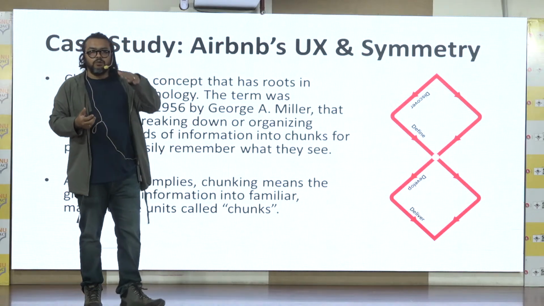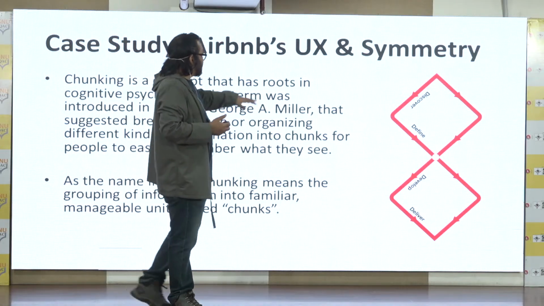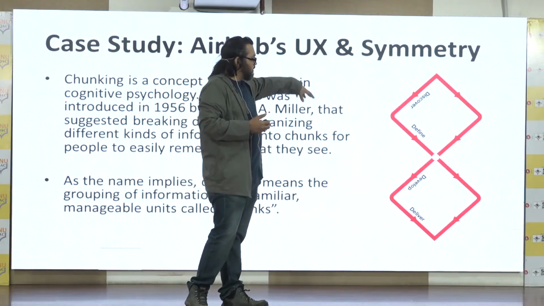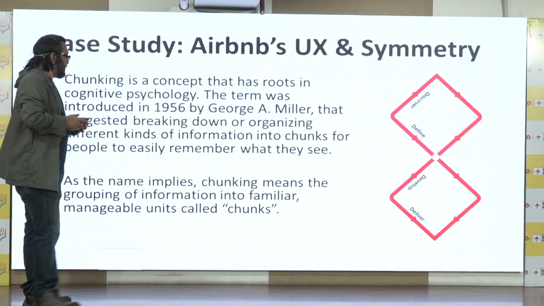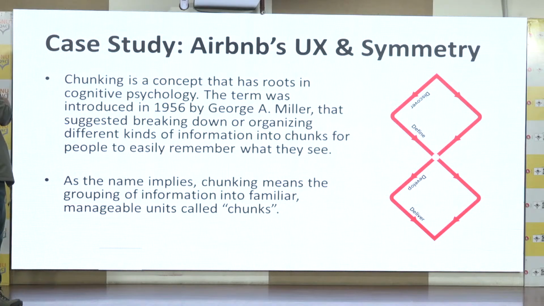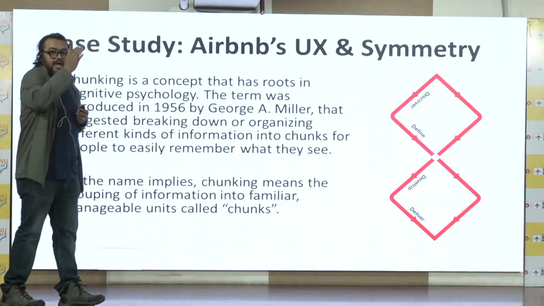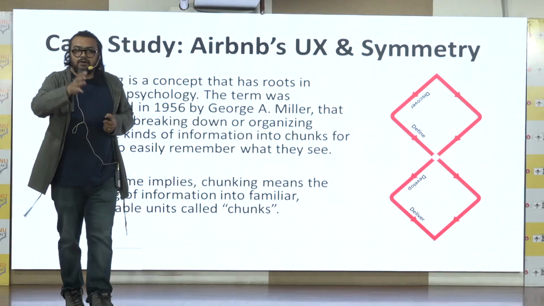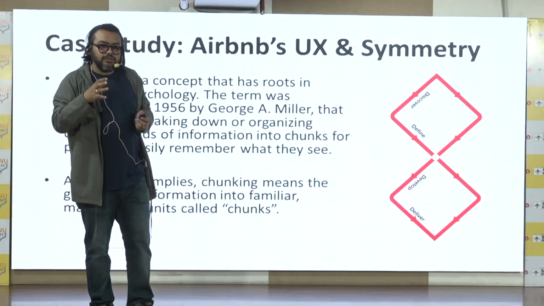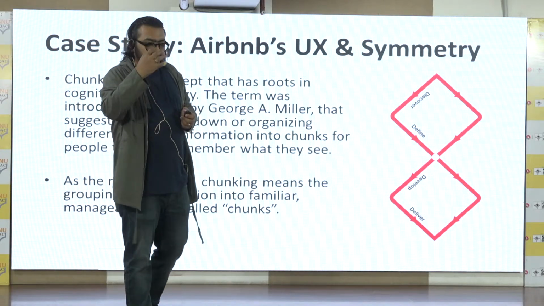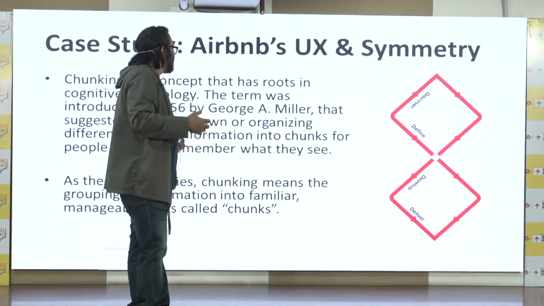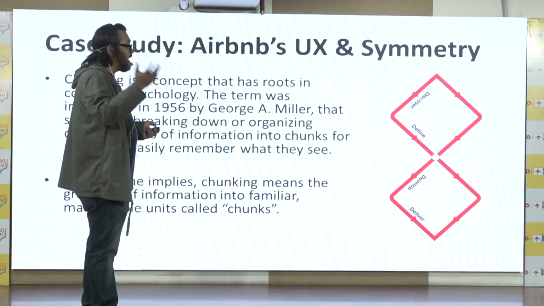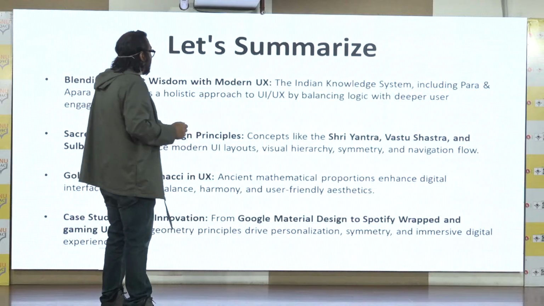So this flow can be directly connected with what the UI UX flow of Airbnb is here. And also chunking, as I said, how we can divide powers into multiple areas so that one power doesn't really cross another. That is what they have learned from, or they haven't maybe, that's the argument, from Sri Yantra.